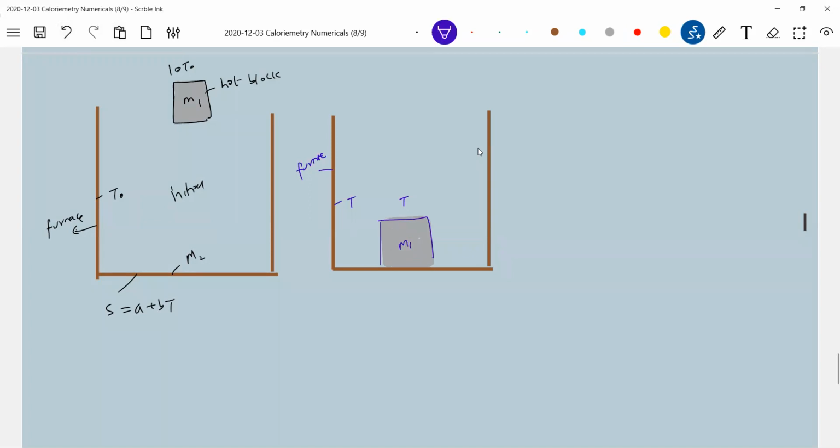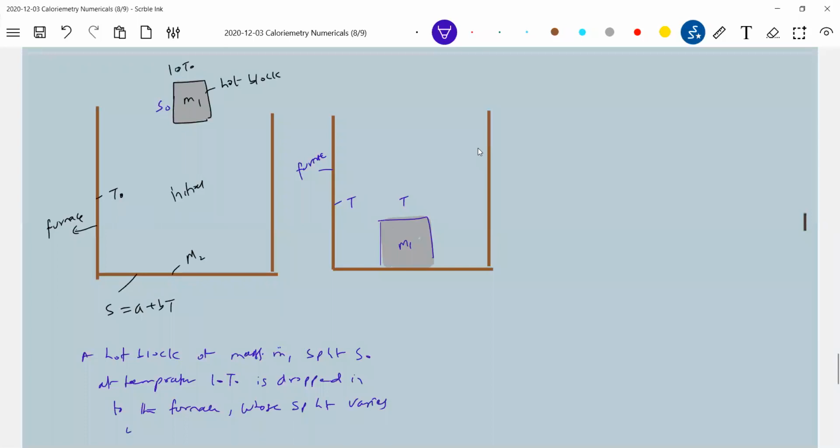So the question is like this. A hot block of mass M, specific heat S naught, at temperature 10 T naught, is dropped into the furnace whose specific heat varies with temperature as S is equal to A plus BT.